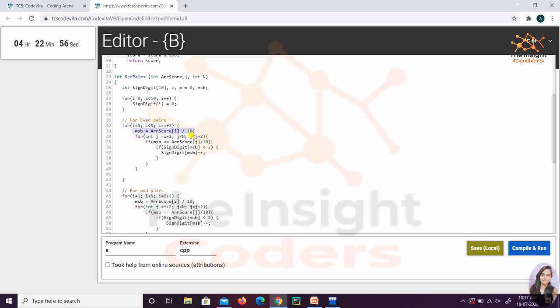So it's simply divided by 10 and you will have the quotient, and the quotient itself will always be the leftmost digit from that. And every time, you have to increment the sign bit if the values are equal. That means if this MSB is equal to the array score at its jth position, that means both the MSBs are the same.